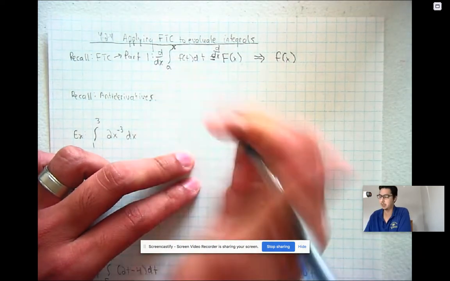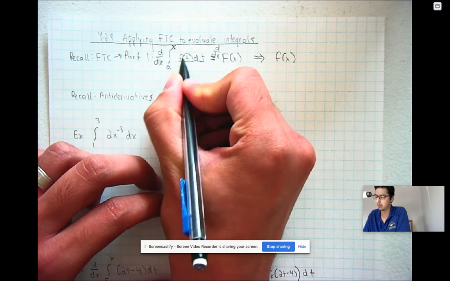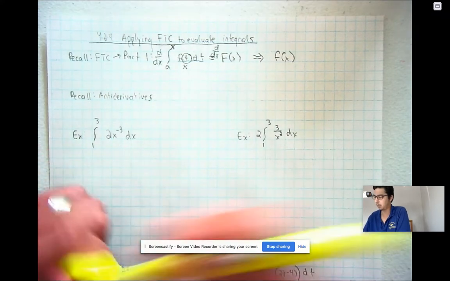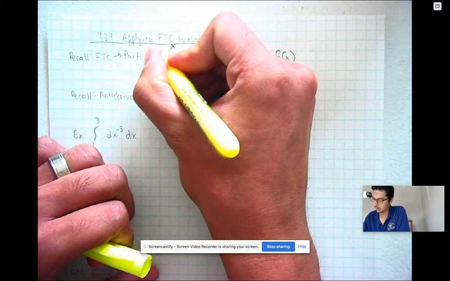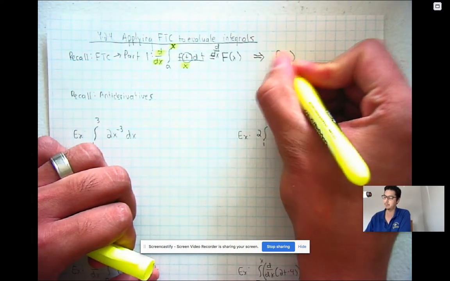So the original function f of t dt, but instead of t you replace it with x. That's the idea of part one in a nutshell: when you take the derivative, it's just this function evaluated at x.